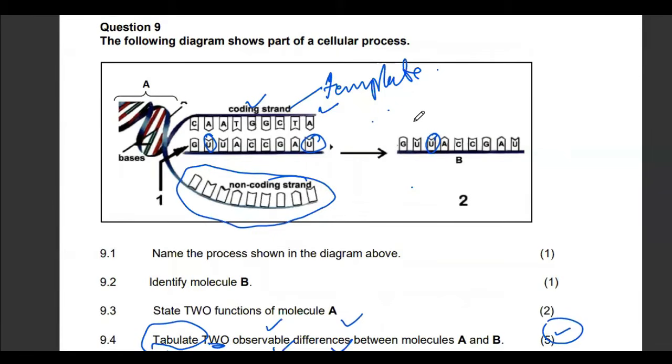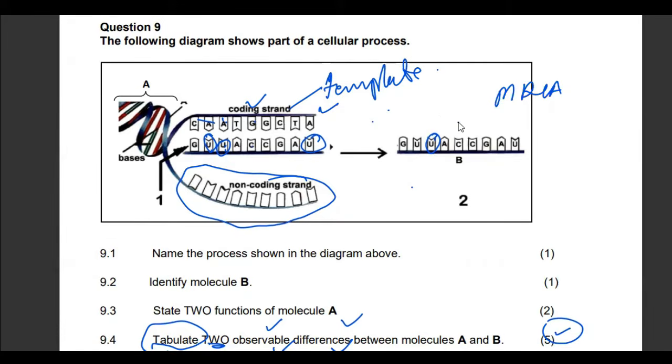Then using free floating messenger RNA nucleotides, you form a complementary strand where adenine goes with uracil, and guanine goes with cytosine. The complementary strand moves out of the nucleus via the nucleopore to the cytoplasm on the ribosome.